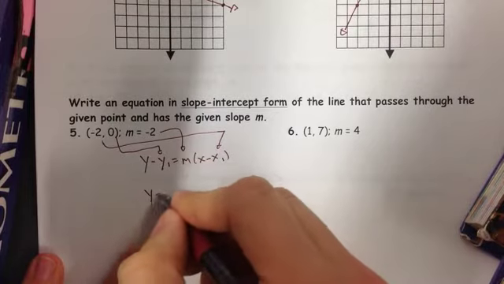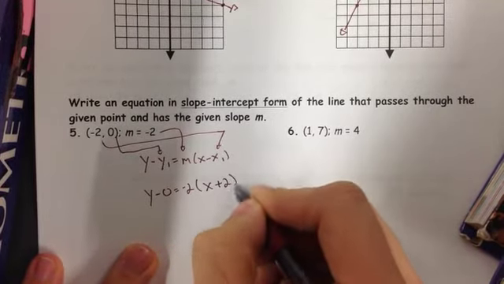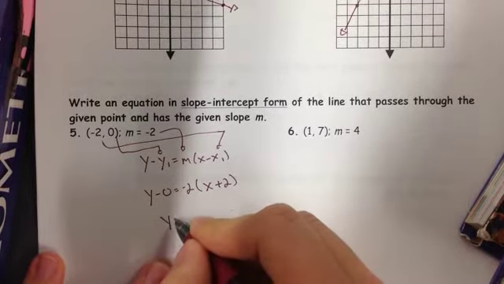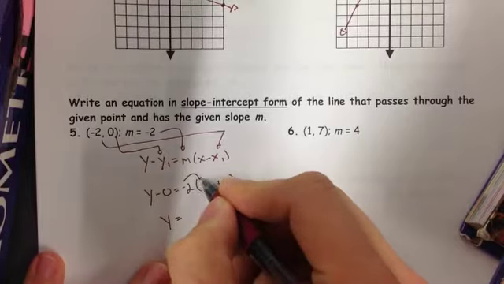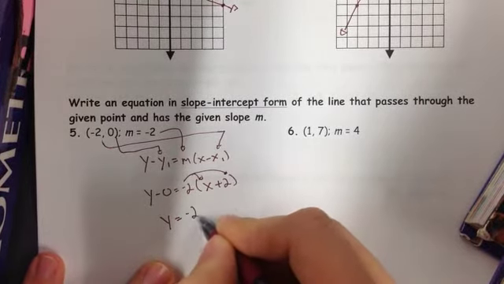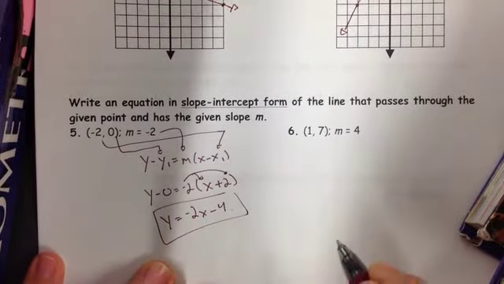So I'll have y minus 0 is equal to negative 2 times x minus negative 2. You'll notice I changed that double negative to a positive. Makes my math just a little bit easier. The only thing I have left to do is distribute this negative 2. The 0 will simply fall off, and I'll get y is equal to negative 2x minus 4.